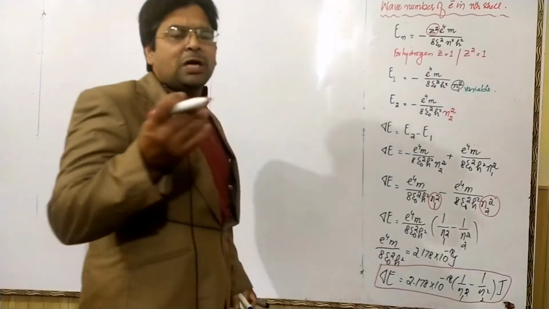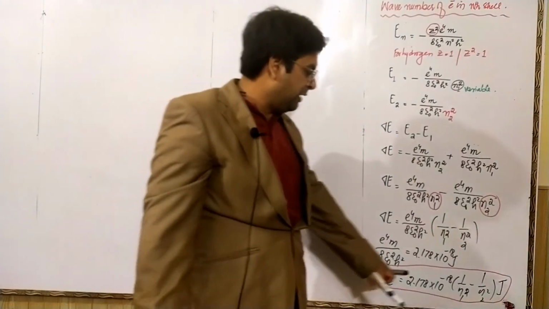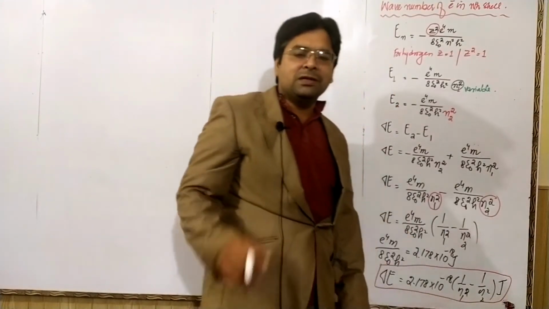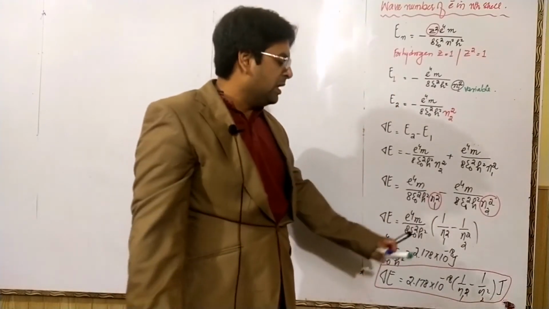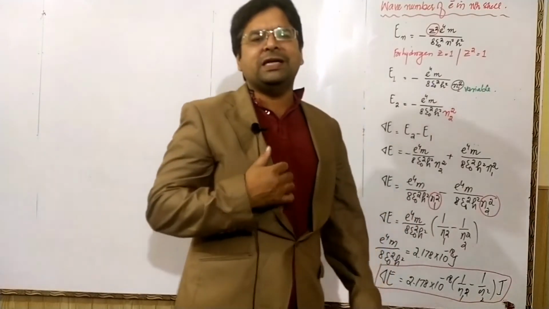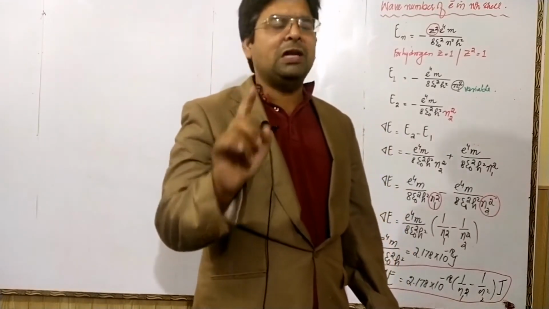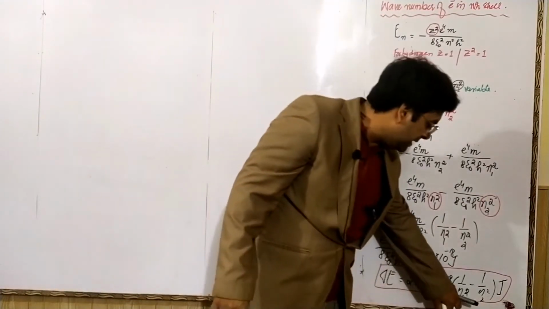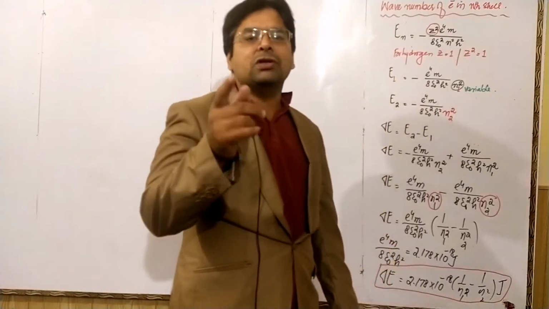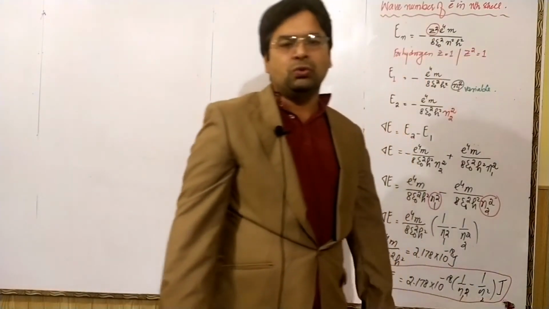Say if we want to calculate the energy difference between first and second shell, n1 will be written as 1 and n2 will be written as 2. If we want to calculate the energy difference between second and fourth shell, the lower value will be written in place of n1, and four, which is the higher value, is written in place of n2.